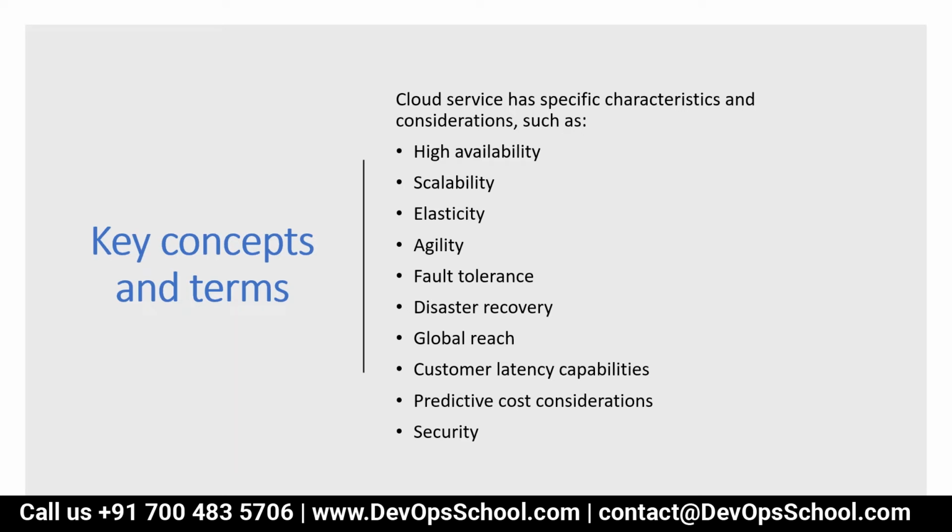Second characteristic is scalability. What do you mean by that? According to our requirement, we can increase or decrease the infrastructure of our cloud. See, in cloud everything is a service, correct?